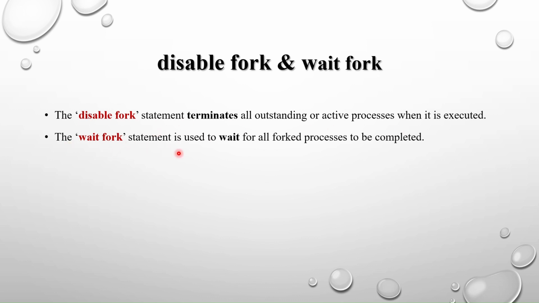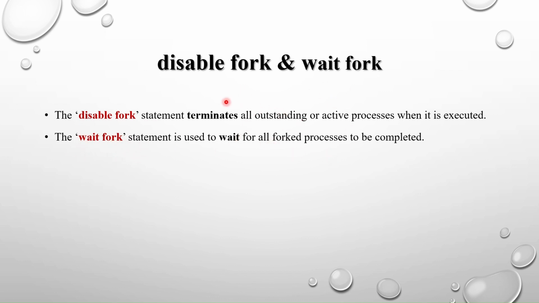And the wait fork statement is used to wait for all the fork processes to be completed. For example, you have a fork join any, same example. After the completion of one process it will come out of the block. Consider you have a wait fork statement after the fork join any block.